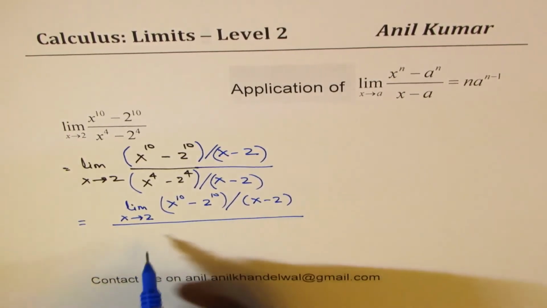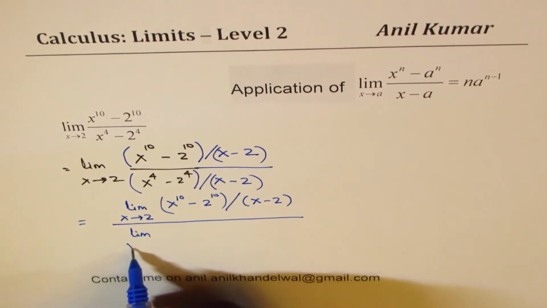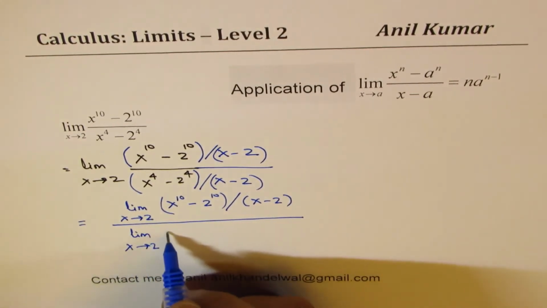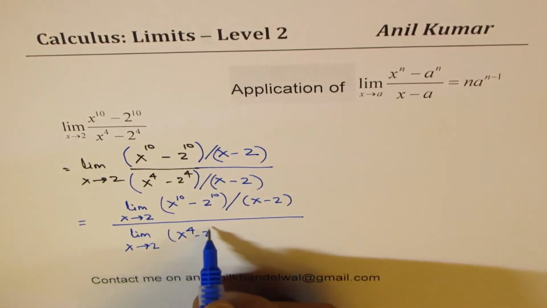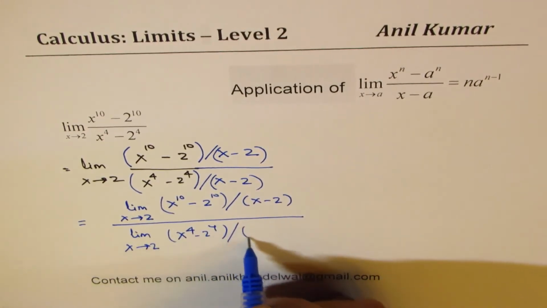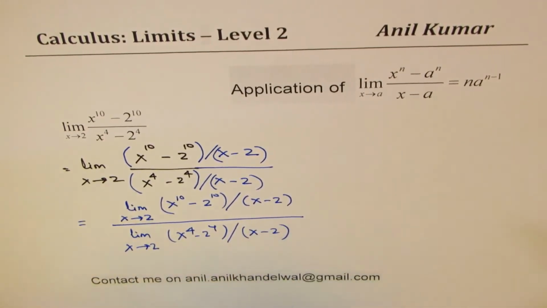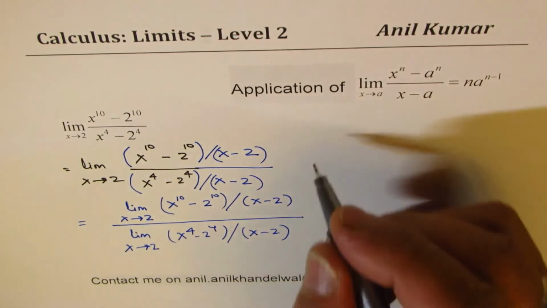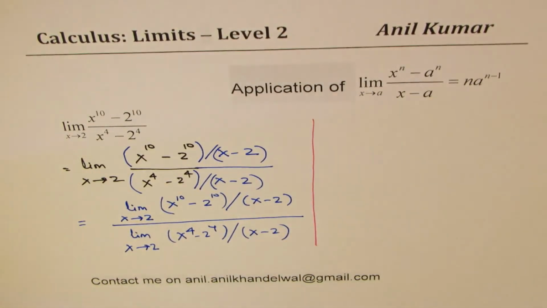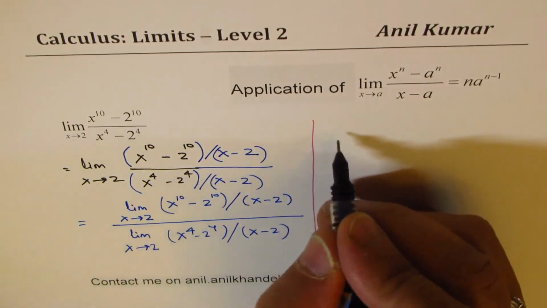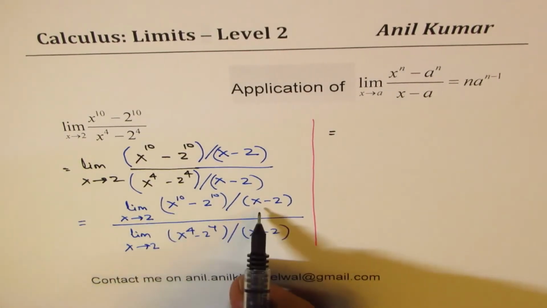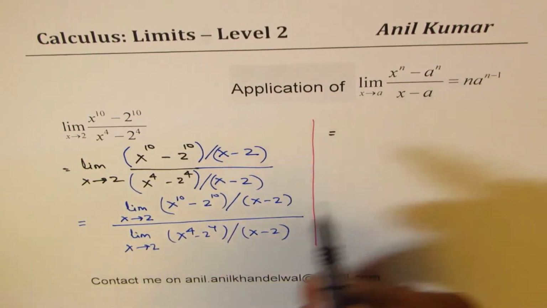And in the denominator, we have the limit as x approaches 2 for x to the power of 4 minus 2 to the power of 4 divided by x minus 2. Now clearly, let's take it to the right side, right? So we can now write this as equal to, what is the limit of the numerator? Apply the formula, right?